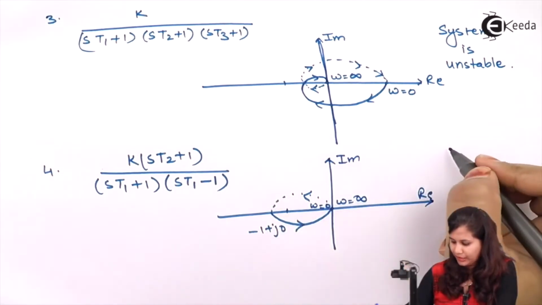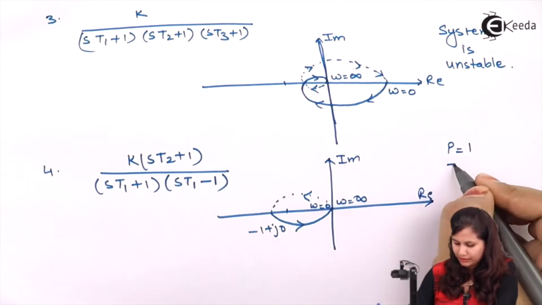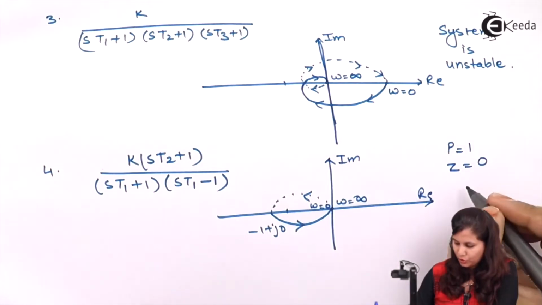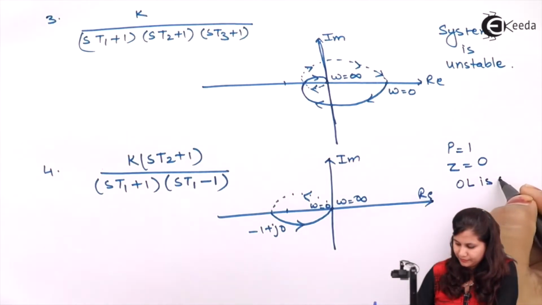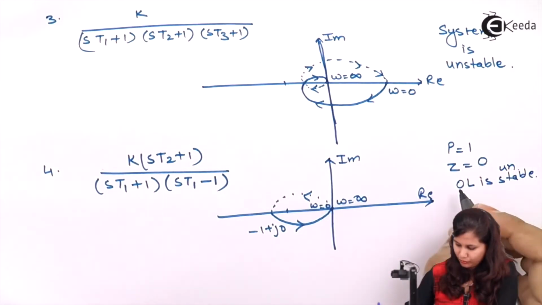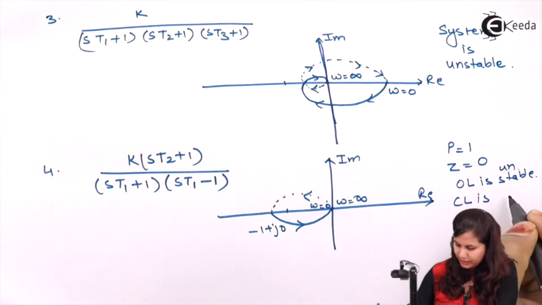So for this we have P equals 1 and Z equals 0. So the open loop is unstable, because P equals 1, and the closed loop is stable.